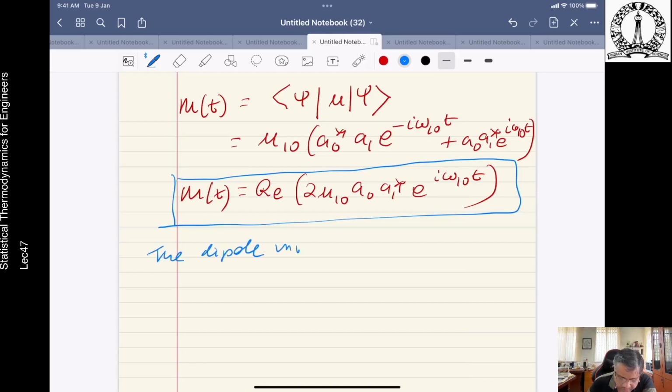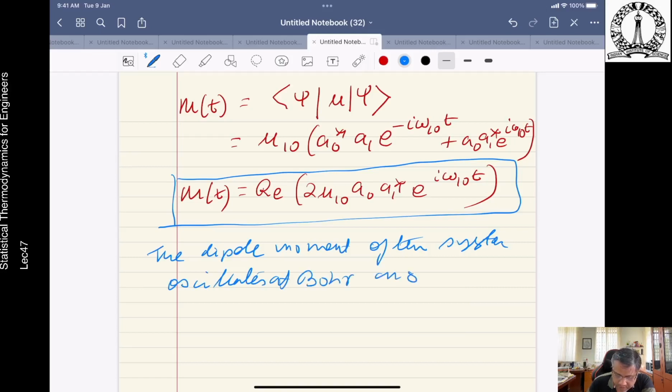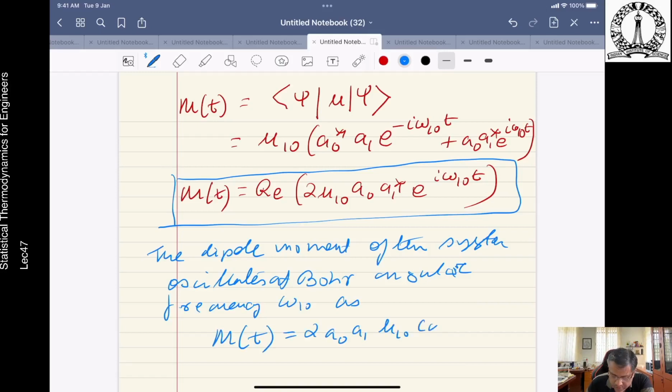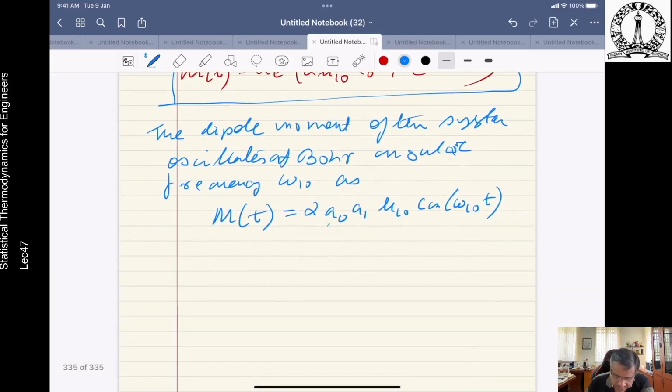The dipole moment mu(t) is equal to 2 a0 a1 mu10 cos omega10 t. These a0 and a1 are chosen to be real numbers.